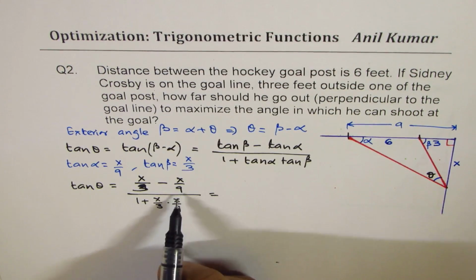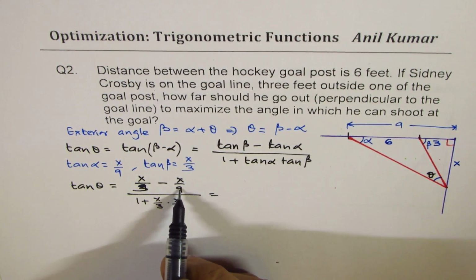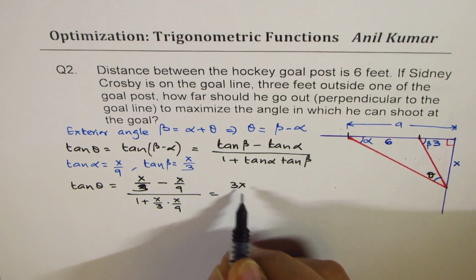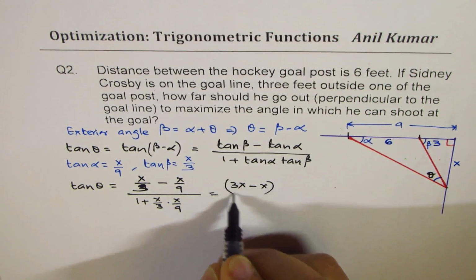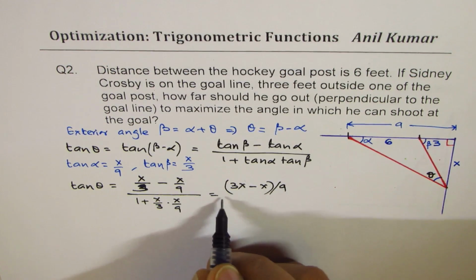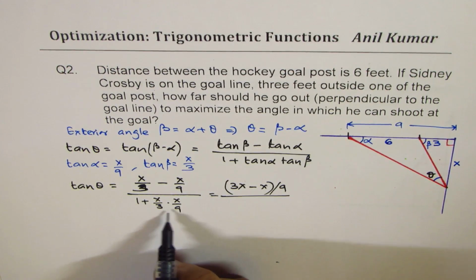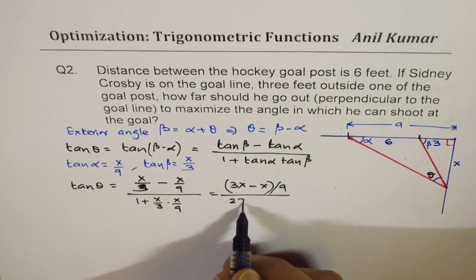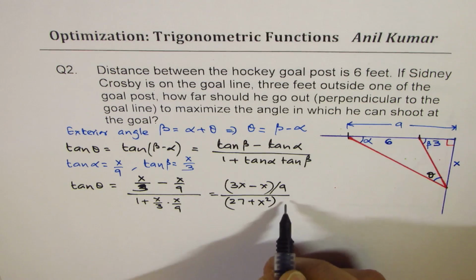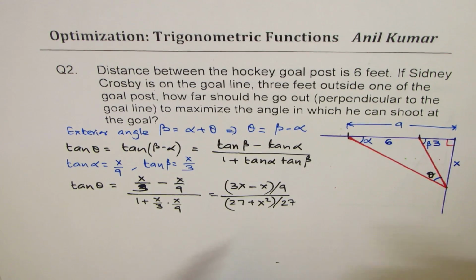correct? Now taking common denominators as 9, I could write this as 3x minus x divided by 9. In the denominator the common denominator is 27, so we get 27 plus x squared over 27, right?